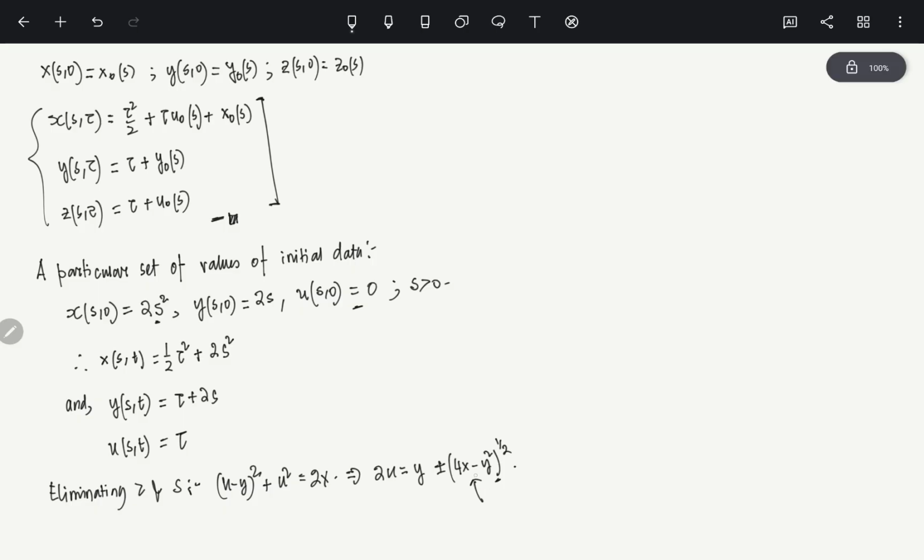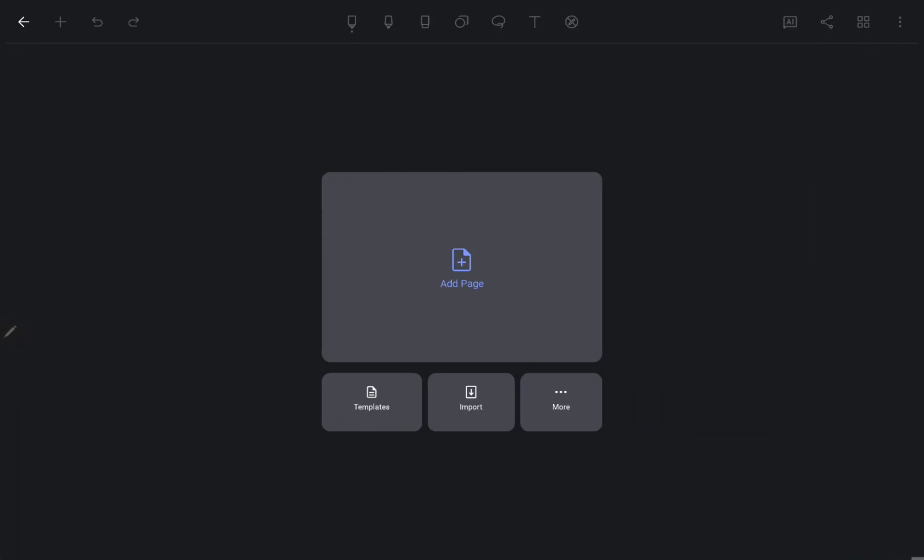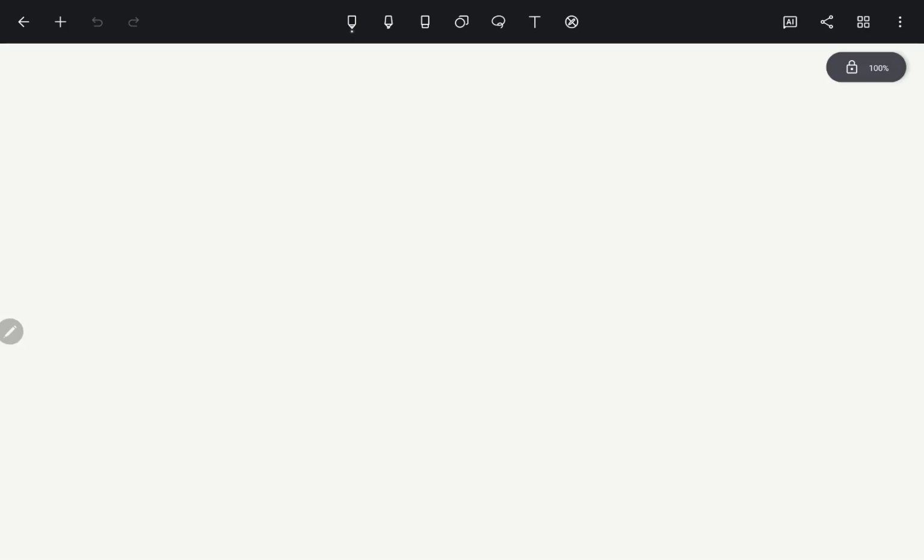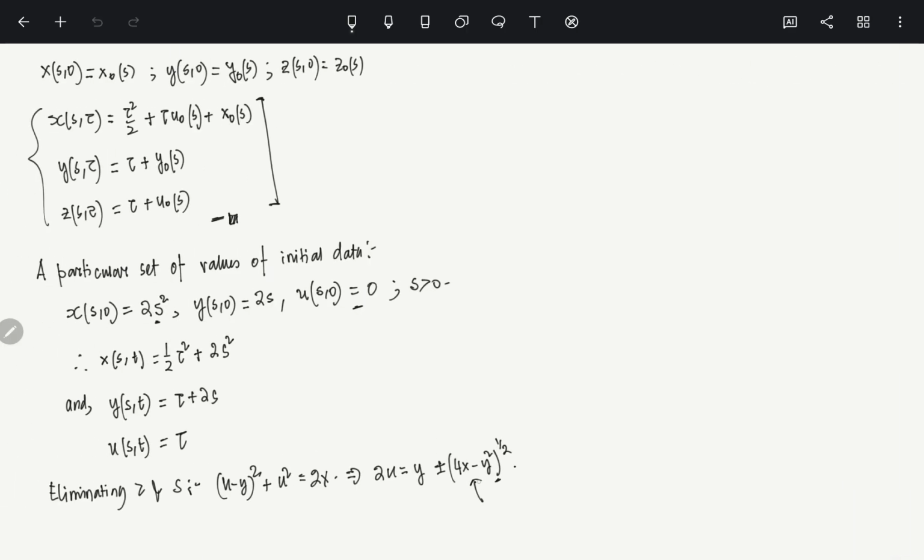But in this case, 4x square minus y square can't be negative, right? So what we can do is some more analysis. This formula represents a solution surface if y square is less than 4x.